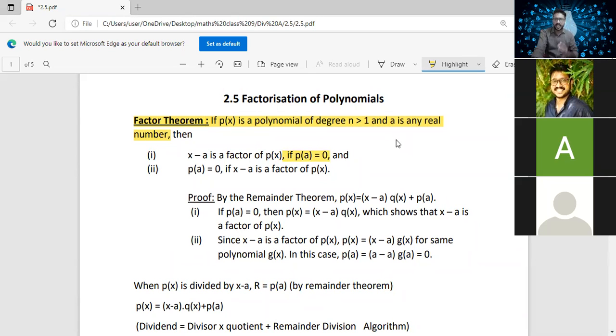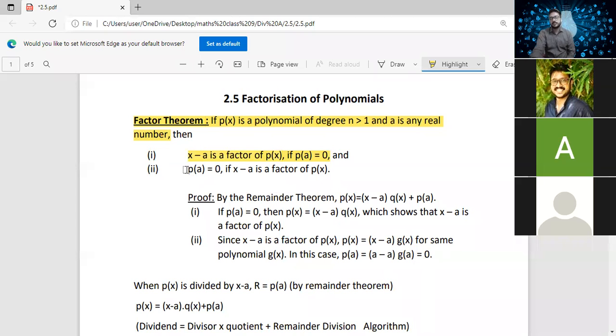You know what p of a means? It means that we are substituting the value a instead of x in the polynomial p of x. And if we get the value of that polynomial as 0, then we can say that x minus a is a factor of that polynomial. That was the first condition.